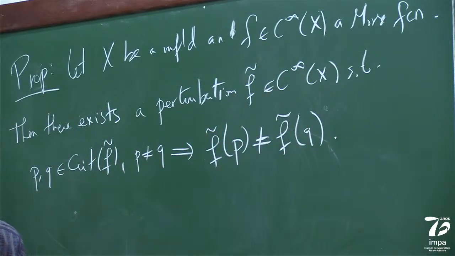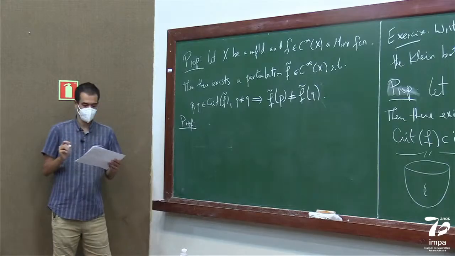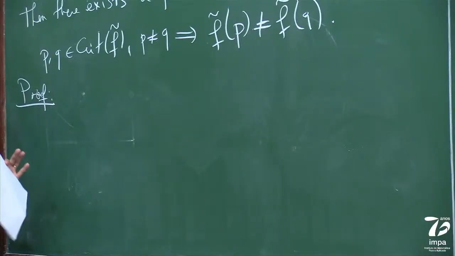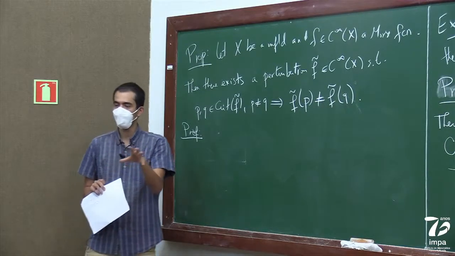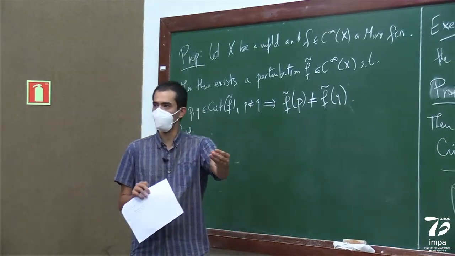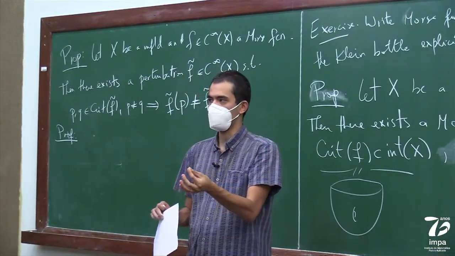Okay, so how's the proof? The proof is just a simple construction, but I think it's good to do it. So first of all, by the Morse lemma, we know that the critical points are all isolated. If I have a Morse function, in the neighborhood of a critical point there is nothing else, because in a chart it has a quadratic form, and there's a unique critical point in that little chart.